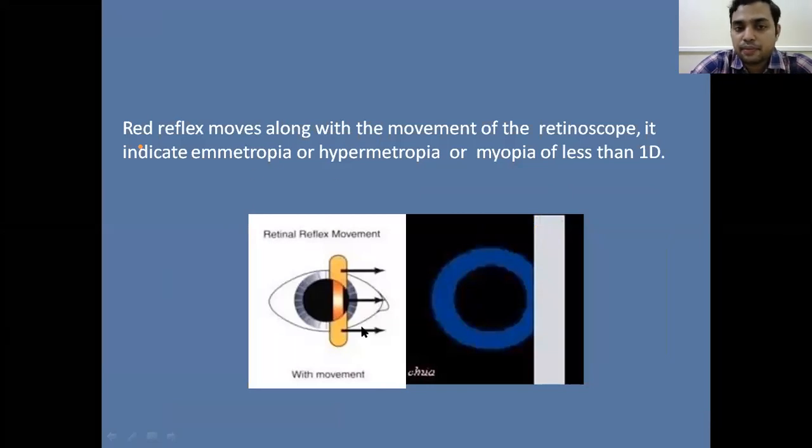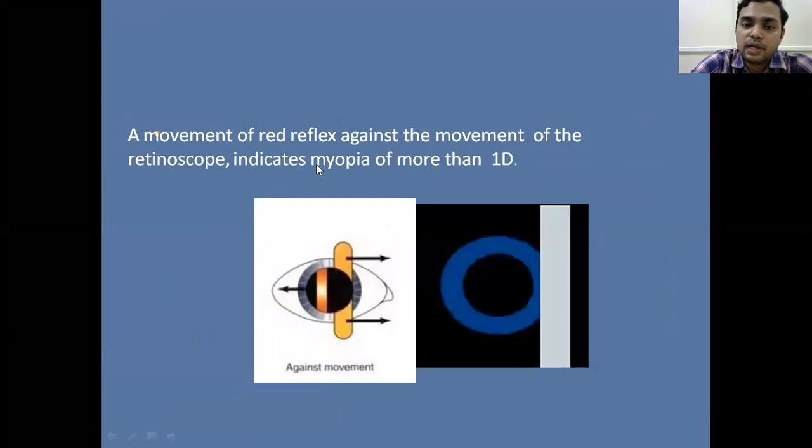If the movement of the red reflex is against the movement of the retinoscope, that indicates myopia of more than 1 diopter. So if it is against movement, it is myopia of more than 1 diopter. If it is with movement, it may be hypermetropia or myopia of less than 1 diopter.